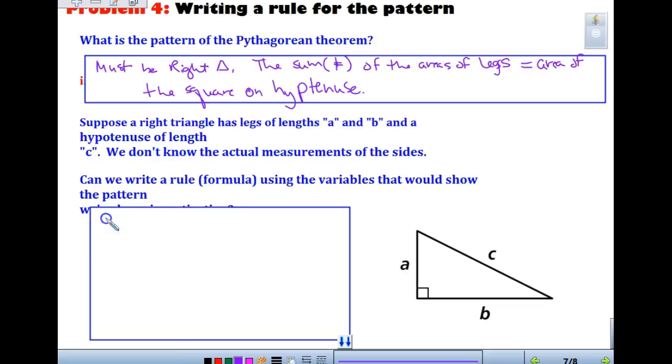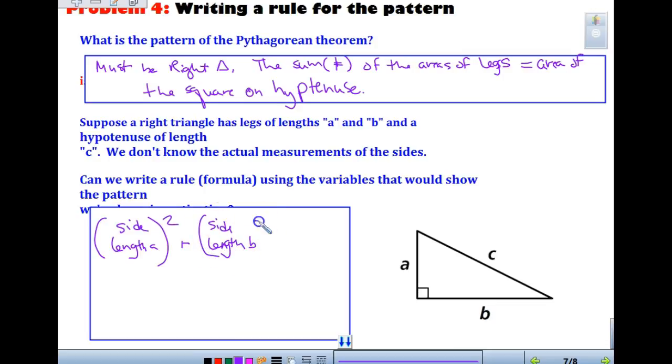So this is what I want you to write down. We are taking the side length, right? Side length A, and we are squaring it. That's how we find the area, right? Whatever the side is, we square it. Plus, we're taking the side length of what?